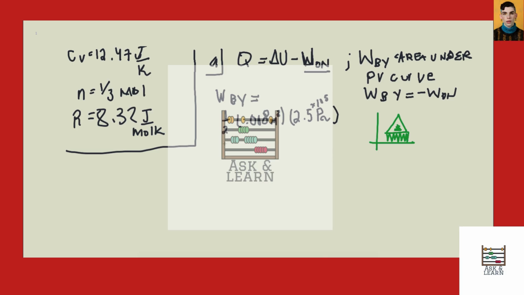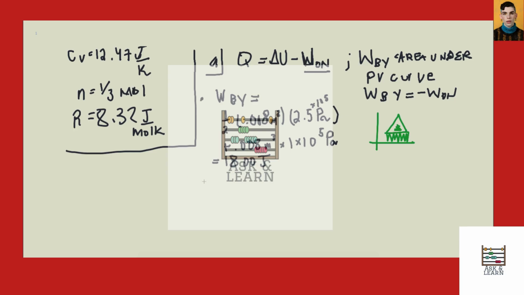And then there's a little rectangular part on the bottom, so that's just 0.008 meter cubed multiplied by, not 2, but by 1 times 10 to the 5 pascals. And when I put this in the calculator, I got 1800 joules. Great. And that's part 1 of A.